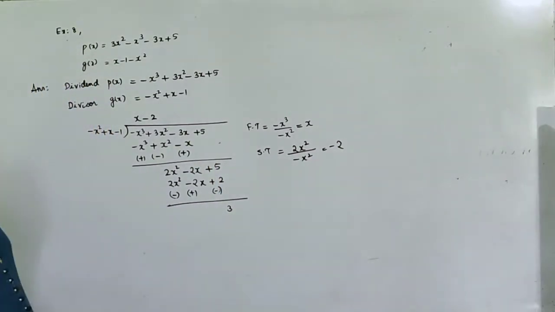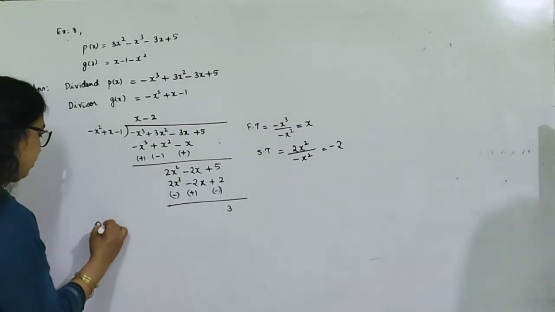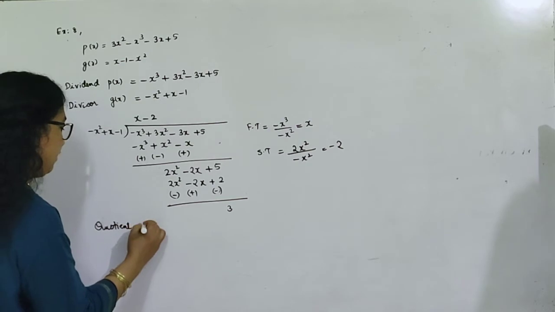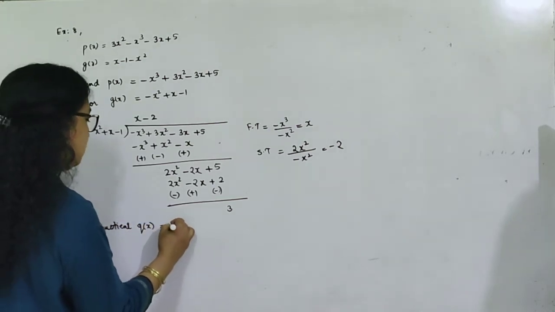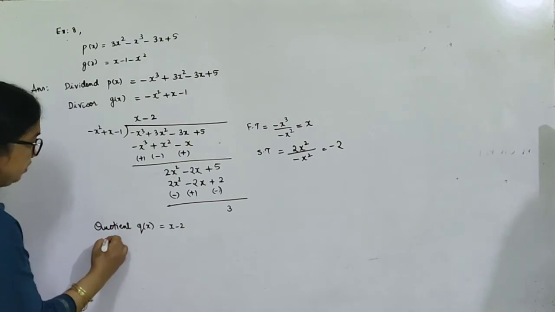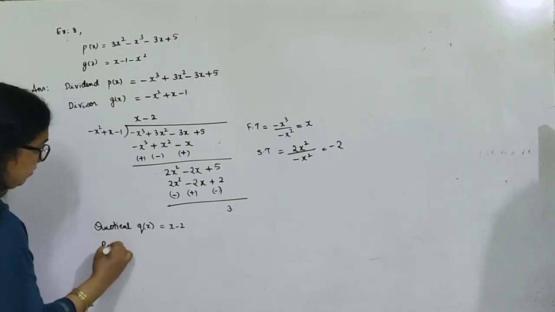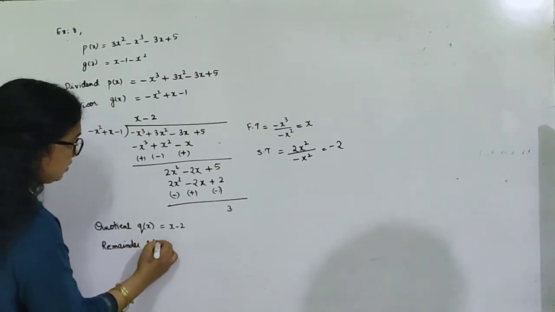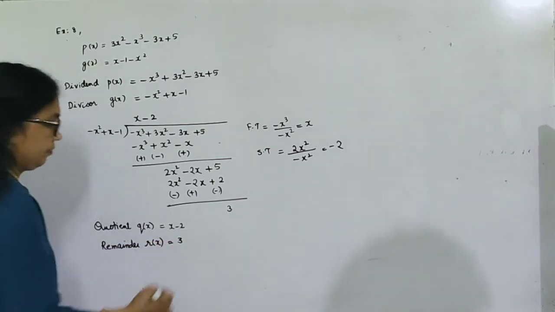So now we got the quotient and remainder. Quotient q of x equals x minus 2. Then remainder r of x equals 3.